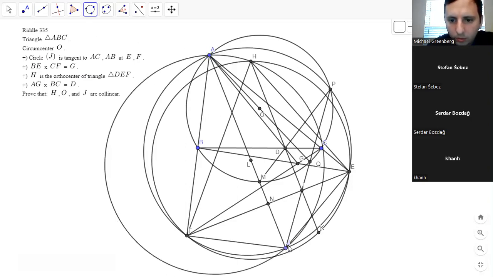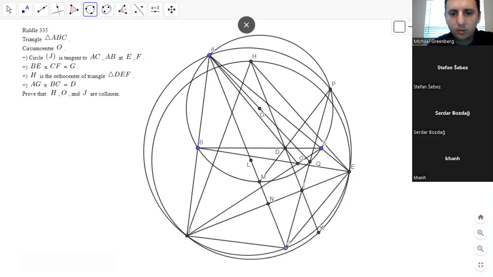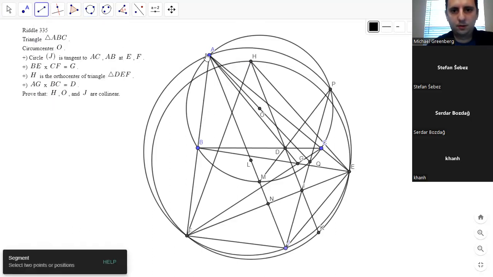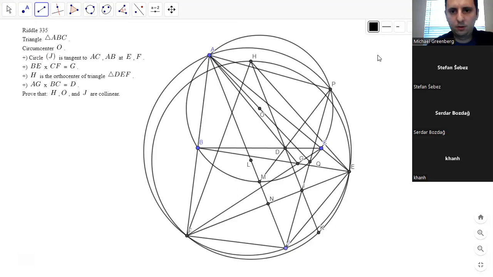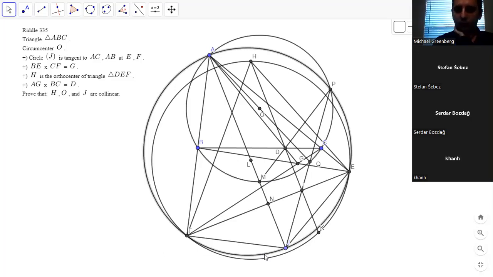No. So APQ is 90 degrees, which means APJ is 90 degrees. Yeah, which is true because it lies on that circle.